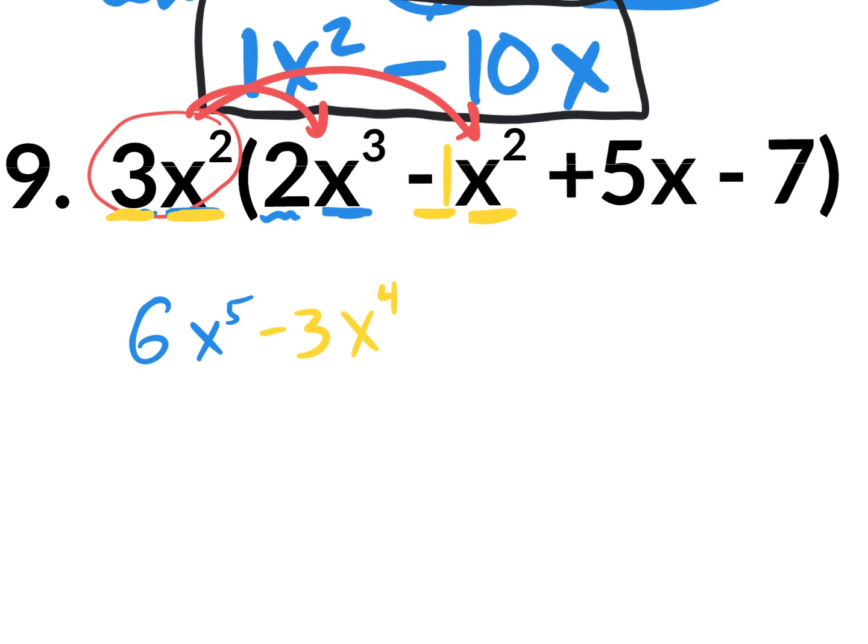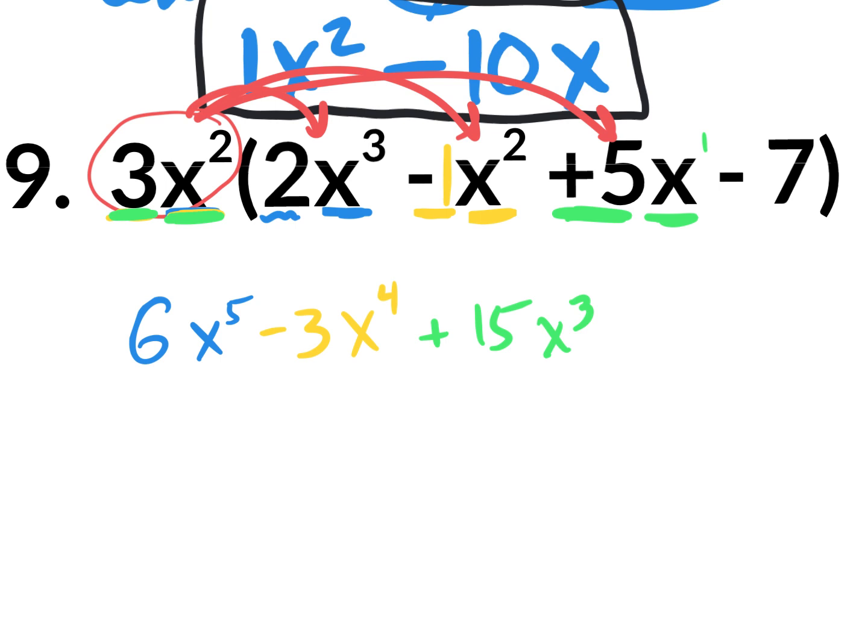Now let's distribute it over here. 3x squared times 5x. Well, we're going to begin with the coefficient 3 times the coefficient positive 5. What's positive 3 times positive 5? Positive 15. Okay, and then how about x squared times x? X squared times 1 more x. What do we get? X to the third. Perfect.